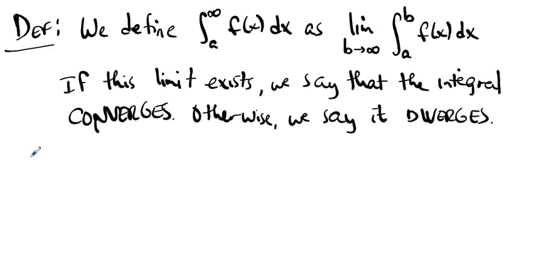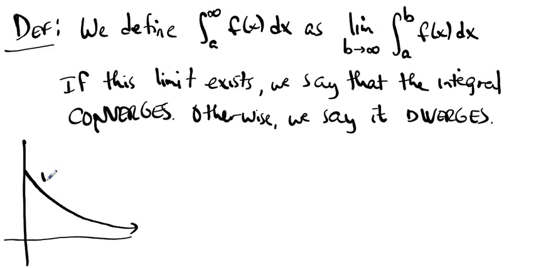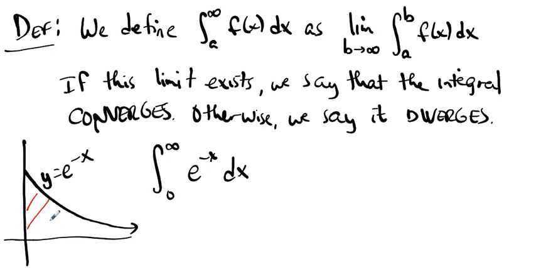And one of the easiest examples I can think of is the graph of e to the negative x. What do we mean when we say integral from 0 to infinity of e to the negative x dx? What is this area where the interval is unbounded going out that way?